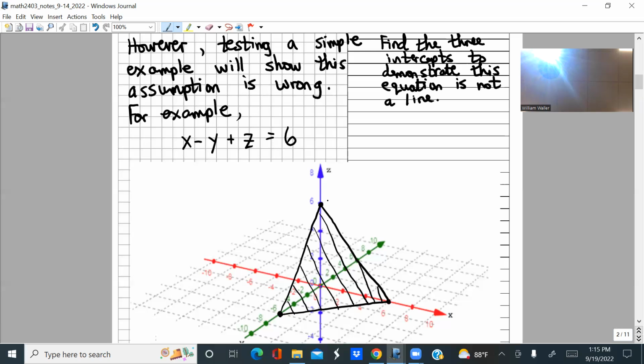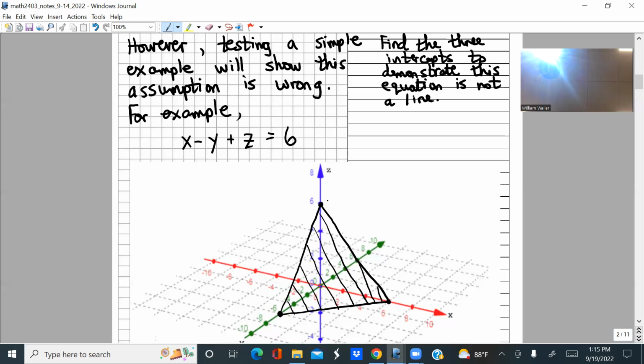So straight lines in 3 dimensions are unfortunately harder than they are in 2 dimensions. What is easy, however, in 3 dimensions are planes. Those turn out to be simple.